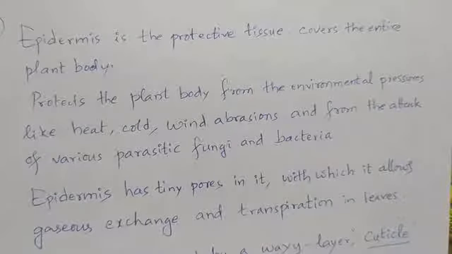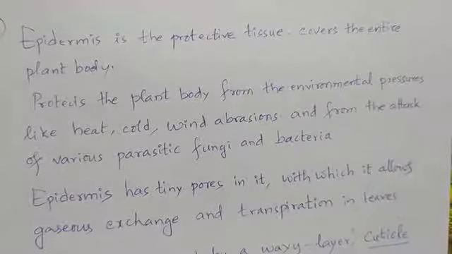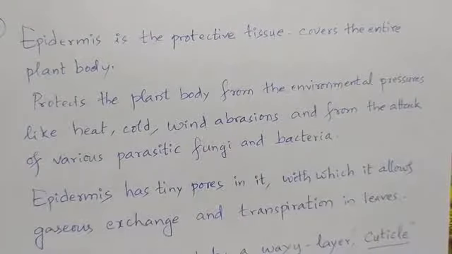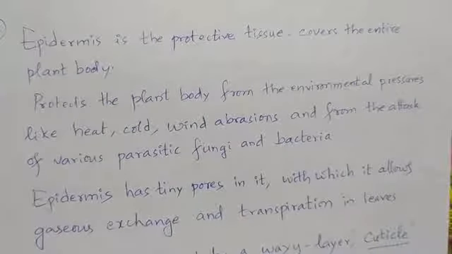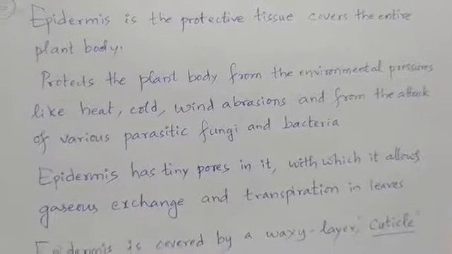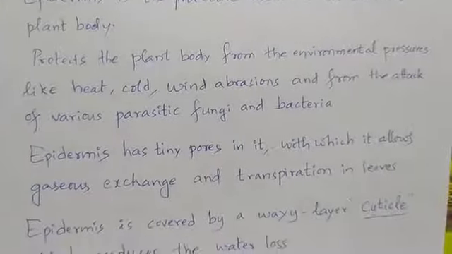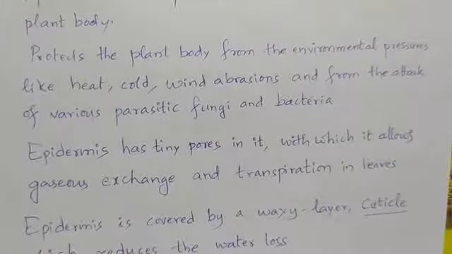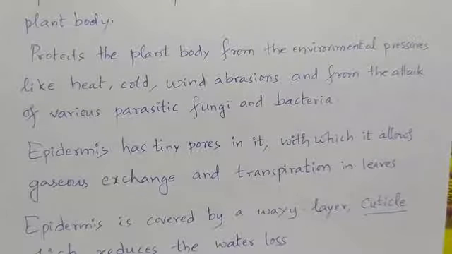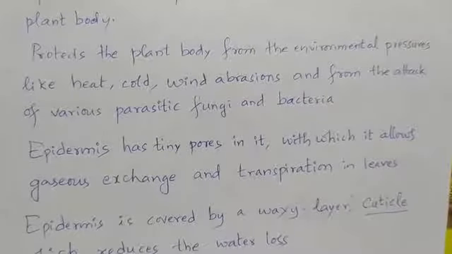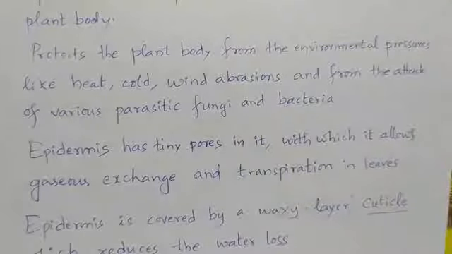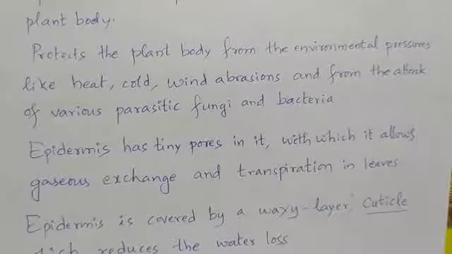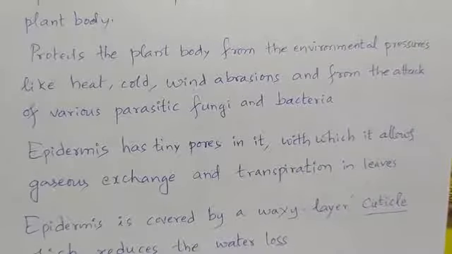Epidermis has tiny pores with which it allows gaseous exchange and transpiration in leaves. Epidermis is covered by a waxy layer known as cuticle, and this cuticle reduces water loss, being waxy in nature.